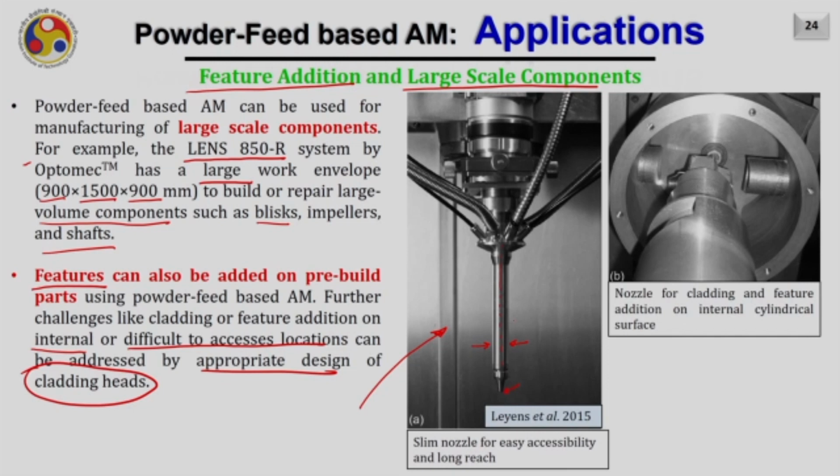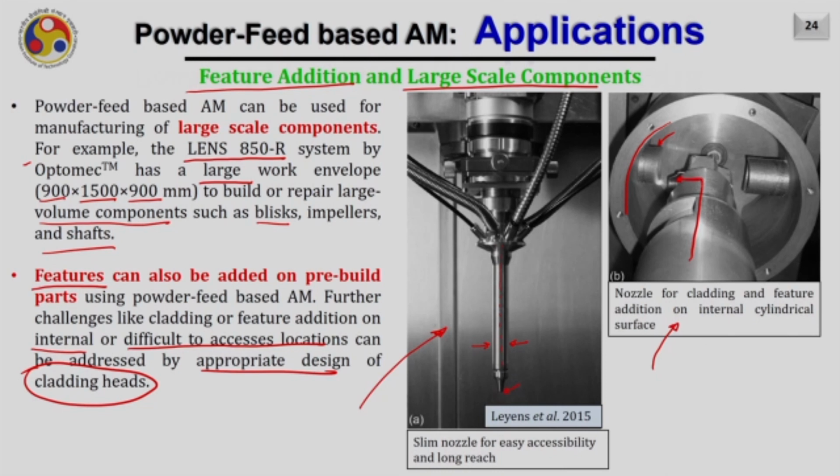Also, if you look at this particular nozzle here, it is meant for realizing internal features on a cylindrical surface. Here one can see the cylinder on which this feature is getting built, and to build this internal feature, the nozzle is at a 90-degree tilt.